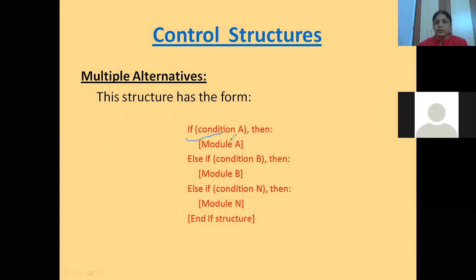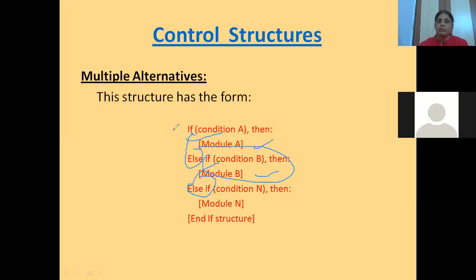If the first condition is true, we will have module A. Else of this if, in this we are checking one more condition. If this condition is true, we have module B. Else if, so this else is of B. If condition next, so we can check multiple conditions. In single and double alternative, we use those conditional structures to check one condition.